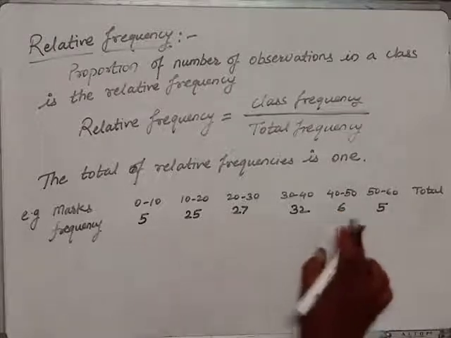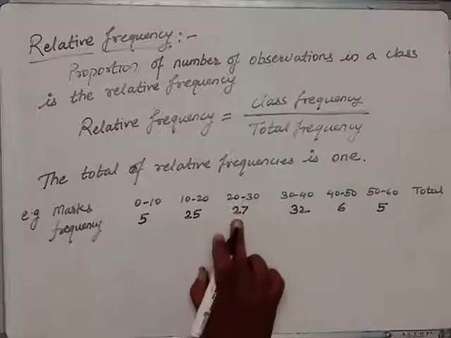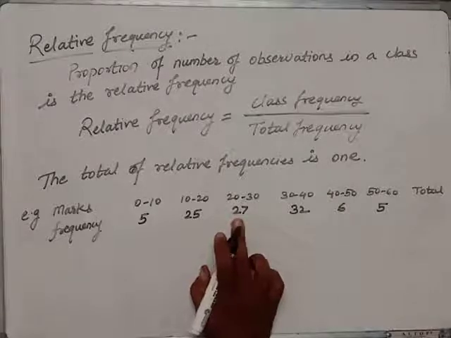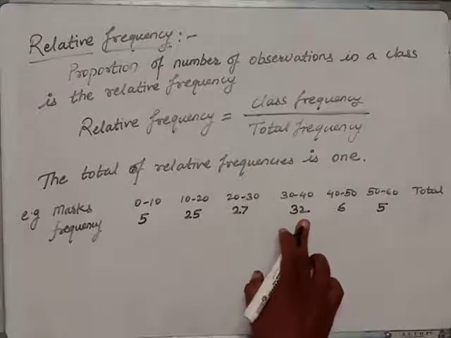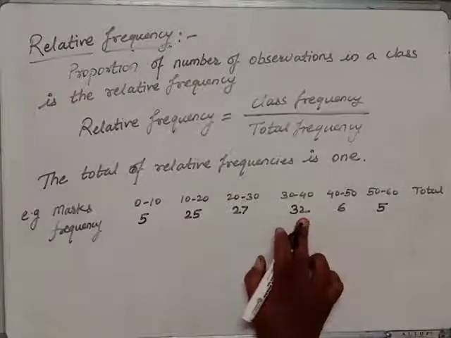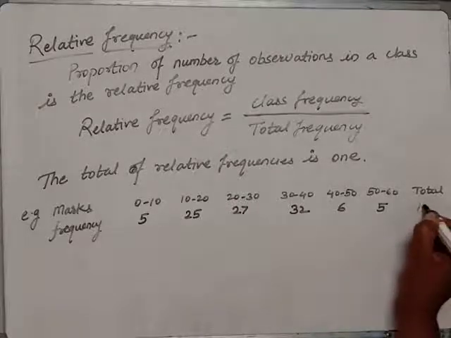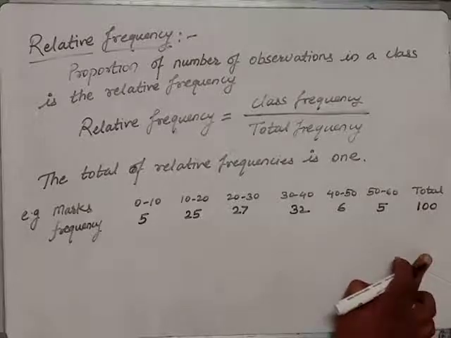Now we can add them: we get 30 plus 27, so it is 57. 57 plus 32 is 89, and 89 plus 6 will be 95, 95 plus 5 will be 100. So the total frequency is 100.